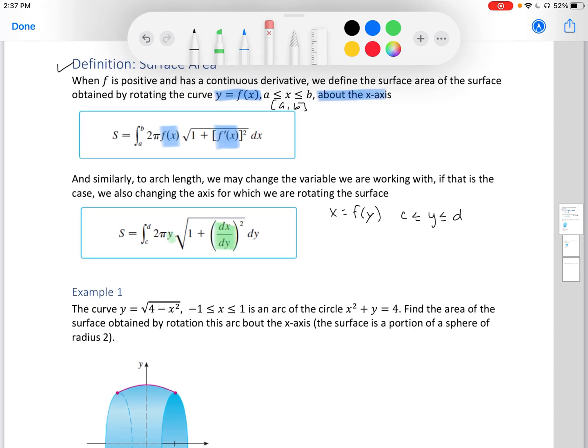First thing, we need to go ahead and write our derivative. So our equation is in terms of x, we have y equals. Let's go ahead and find our derivative. So y prime is equal to, we have to use chain rule, 1/2 times (4 minus x squared) to the negative 1/2 times the inside derivative, which is just negative 2x.